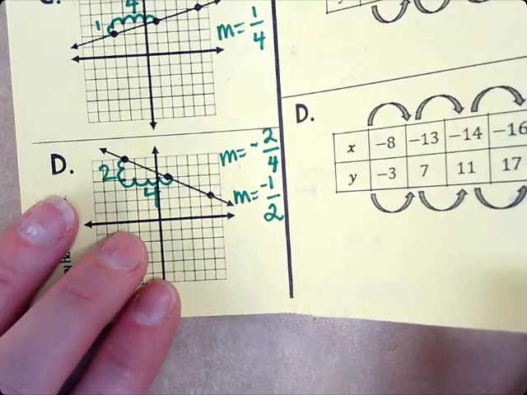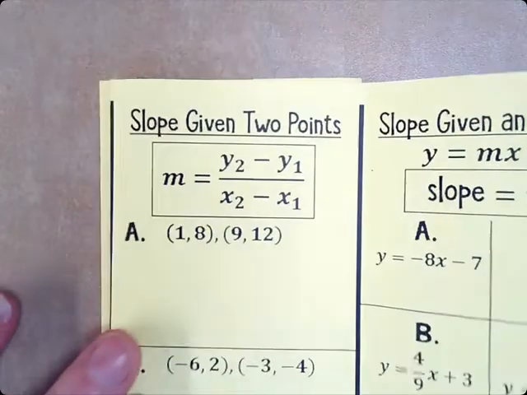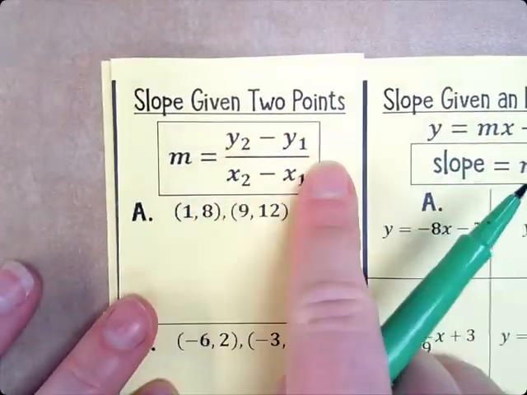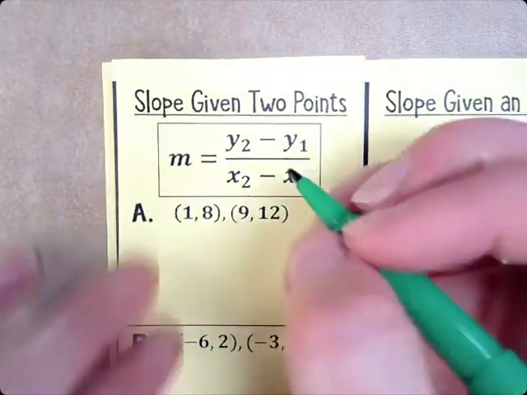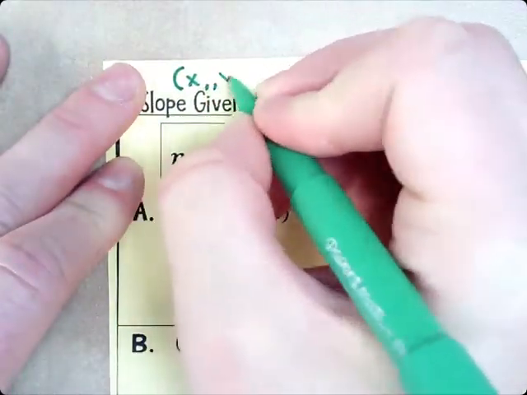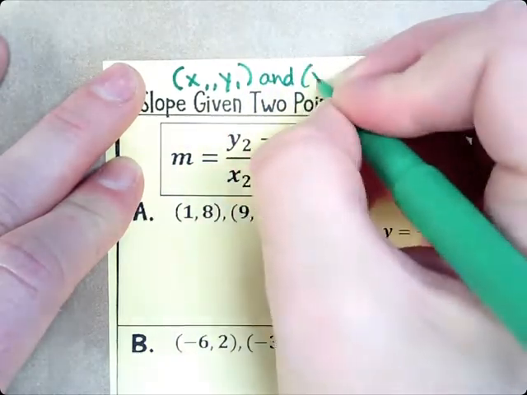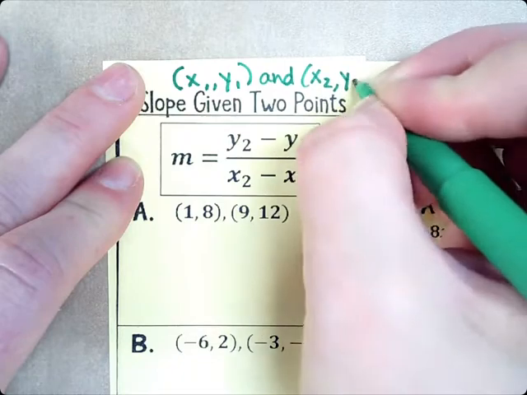Okay, so let's move on to using the formula when you're given 2 points. So we have the points. Let's write that at the top. X1, Y1, and X2, Y2.